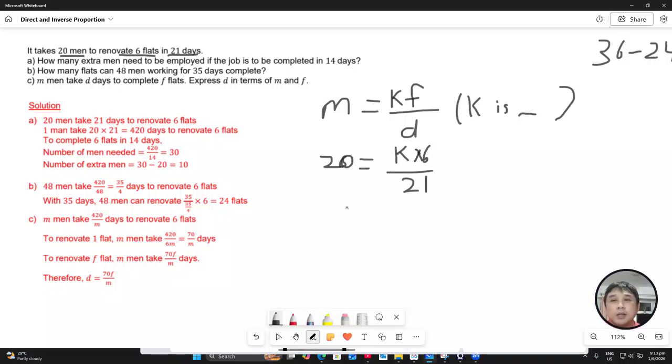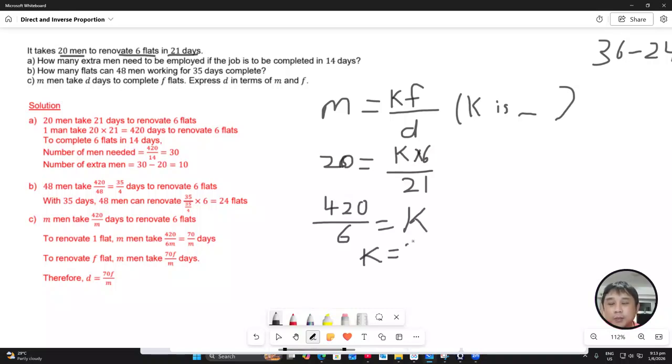All right, so this is what is going to be happening. So I'm going to now multiply 20 by 21, which is actually 420, and divide it by 6 because that's supposed to be what K is about. So technically, if you use a calculator, K is equivalent to 70.